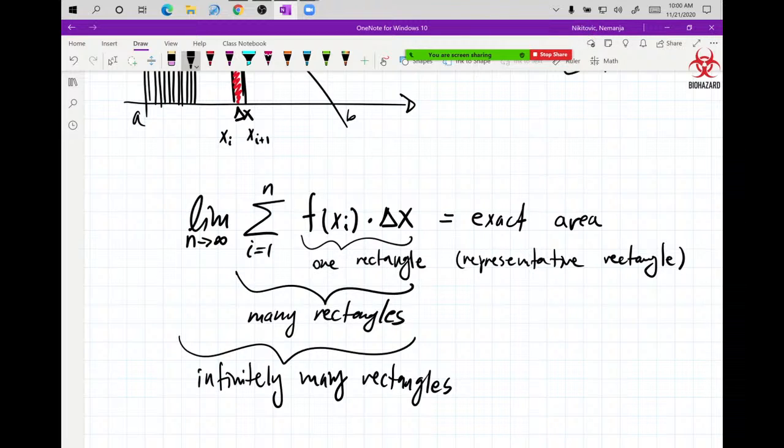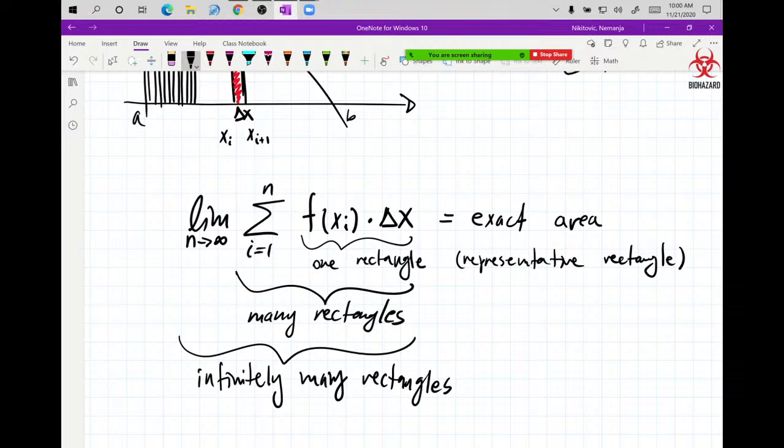So that's all we need to do? We start building at one rectangle, then we add many rectangles by placing the sum in front, and then we just put that limit where we say, well, let the number of rectangles go to infinity. Wow! As soon as I write this down, I have exact area, right?